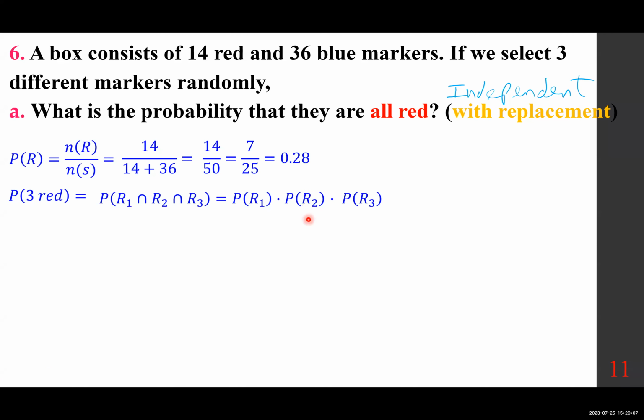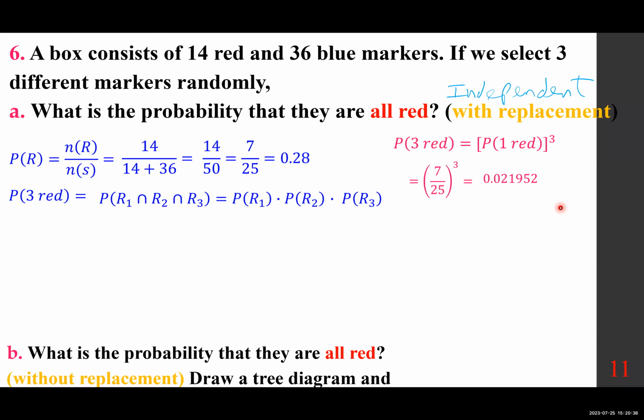P of R2 is the same. They're all the same. Just multiply 7 over 25 or 0.28 by itself 3 times, or raise it to the third power. So P of 3 reds is the same as P of 1 red to the third power. And by the way, because the denominator is 25, it becomes a terminating decimal. You don't have to do the rounding.